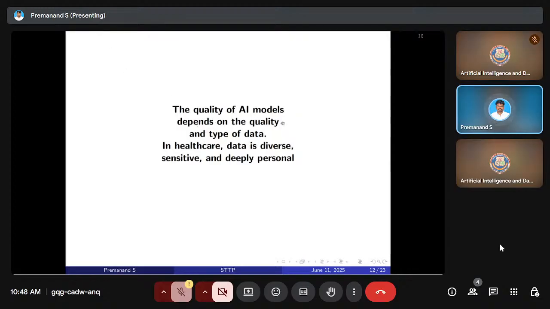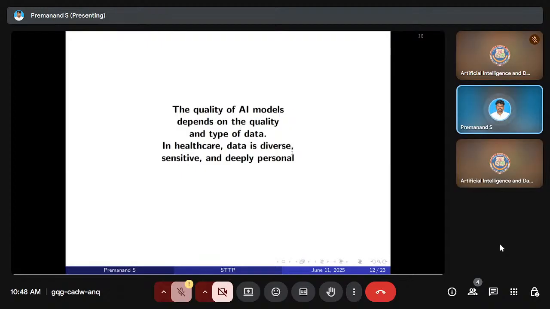Okay, the quality of an AI model depends on the quality and the type of data. Here, what I mentioned is that the data available online is what gets used, and the model gets used to that. But when we get into raw data, that is very new, so our model won't suit that data, and obviously the accuracy metrics will drop.